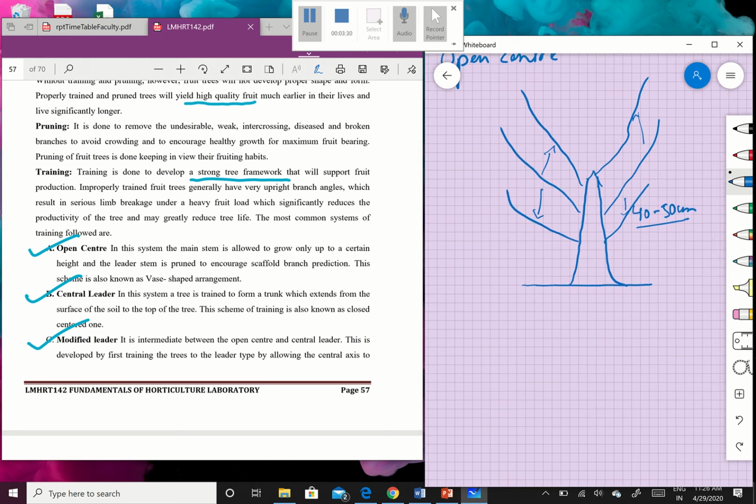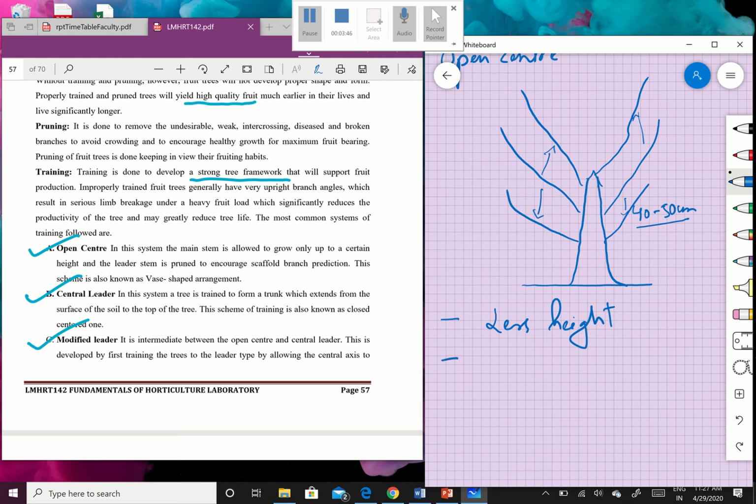The tree is dwarf, meaning the height is less, which makes all the intercultural operations and harvesting easier.